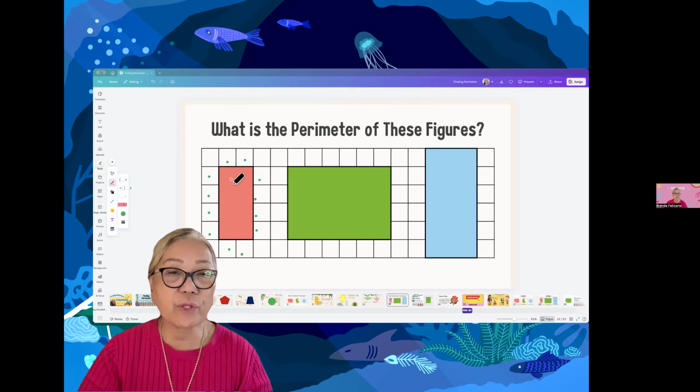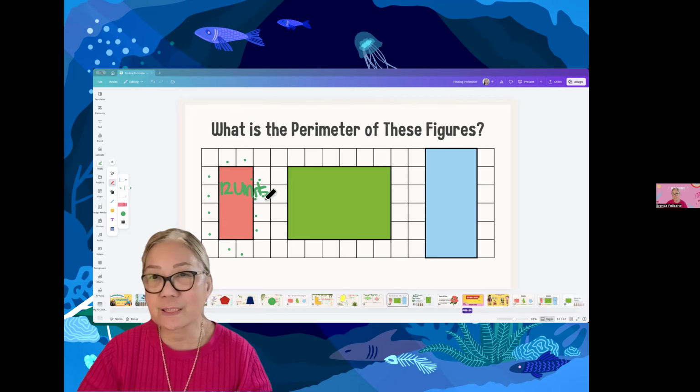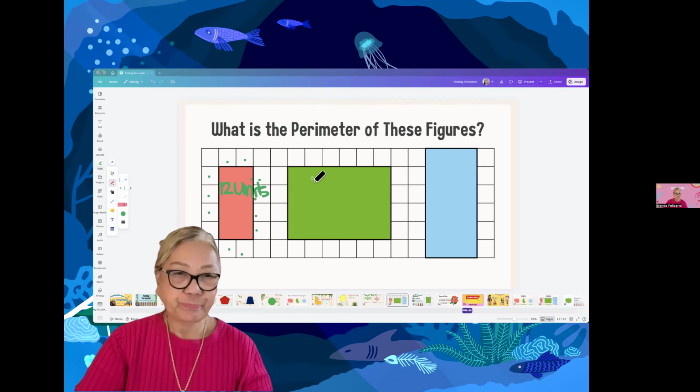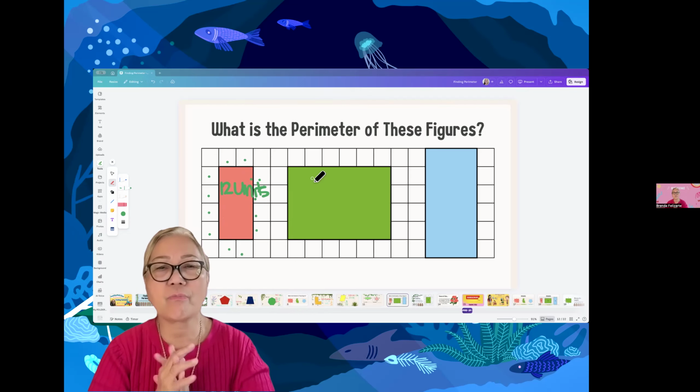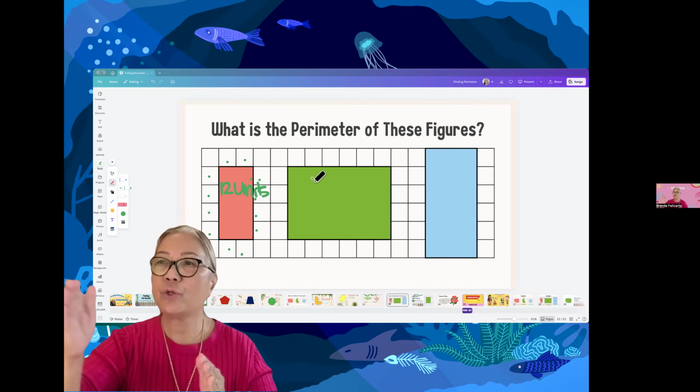So this figure here is equal to 12 units, because without thinking about the squares, it's always in units. So you just let the kids count the number of units on the side.